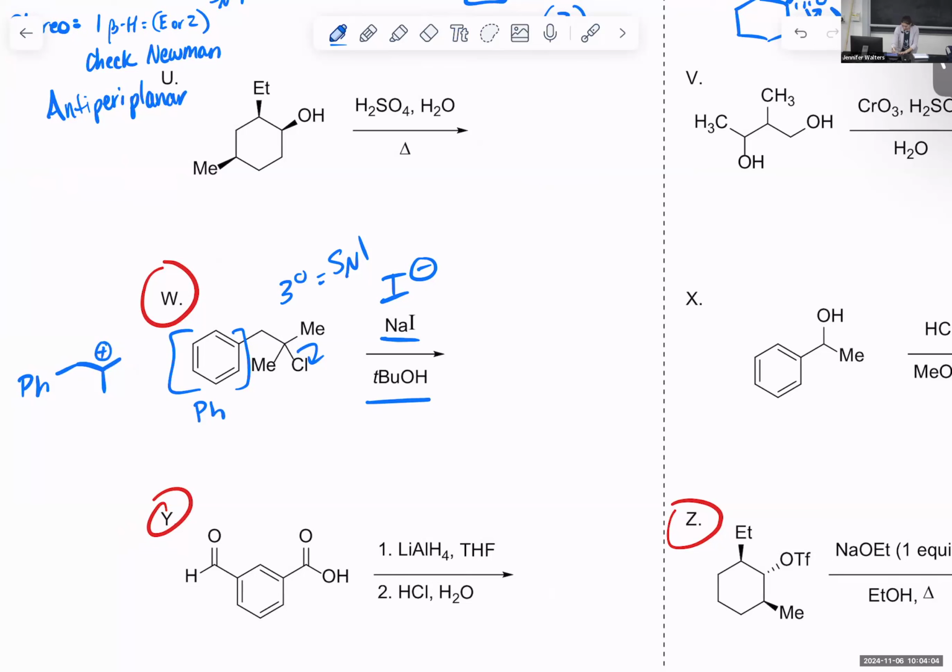And then at this point, the point of this question was recognizing that benzylic is going to be more stable than even a tertiary aliphatic. Getting resonance makes you more stable. So the point of this question was recognizing that you needed to do that hydride shift in order to get the resonance stabilized carbocation, that iodine then attacks.